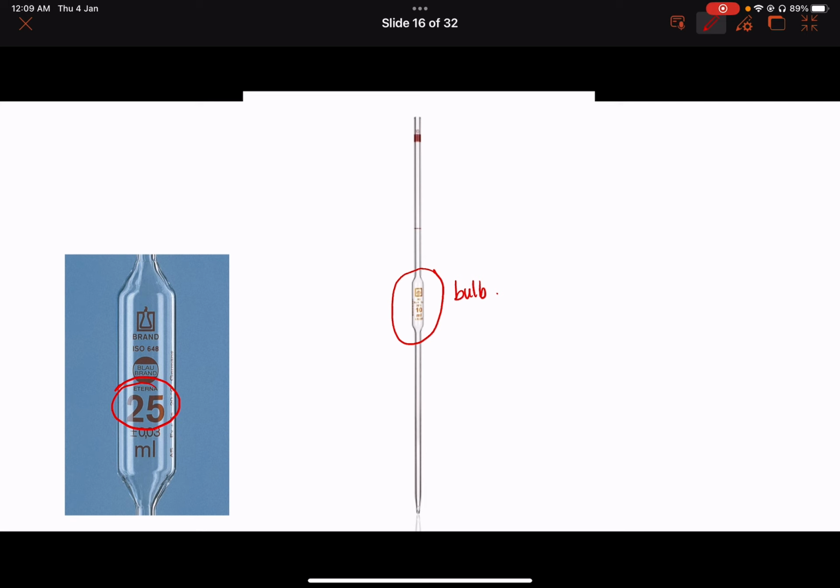This number tells you the capacity that the pipette is able to measure. And if let's say this number reads 25, it will mean this pipette is able to measure an accurate volume of 25.0.